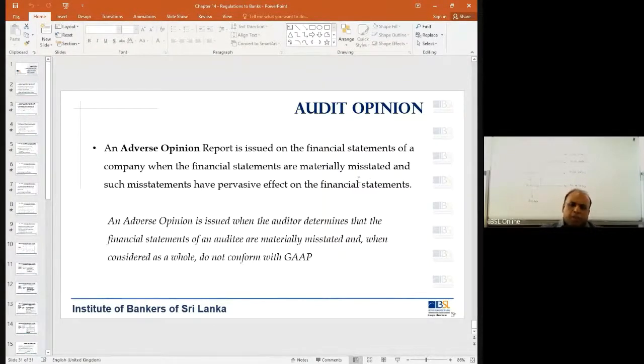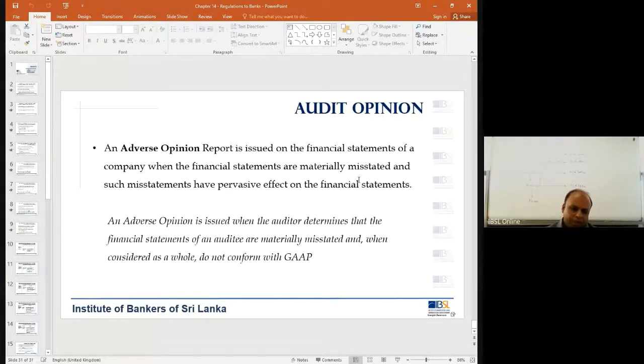Now we have come a long way in this module. So I want you to understand and complete all your revision work. Don't leave it to the last moment because we are almost towards the end of this course. What is left for us is to do financial instruments, which is the next standard that we are going to do, SLFRS 9.